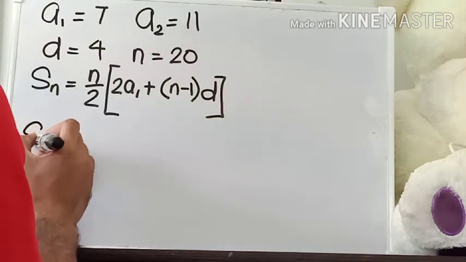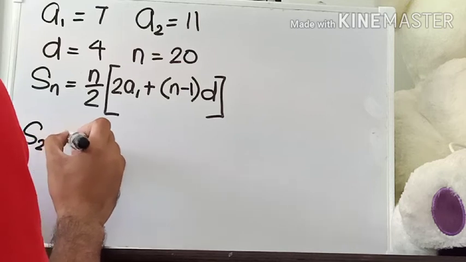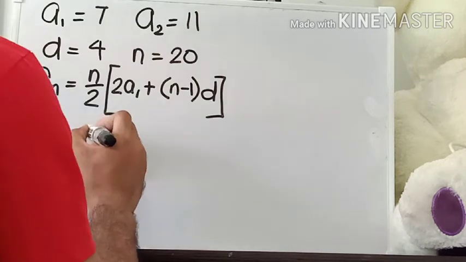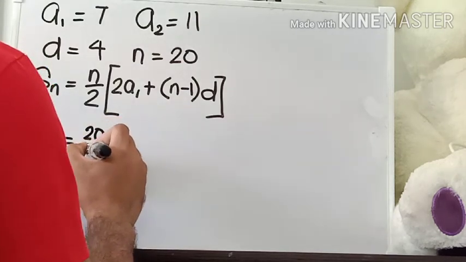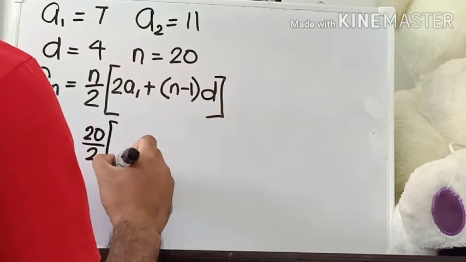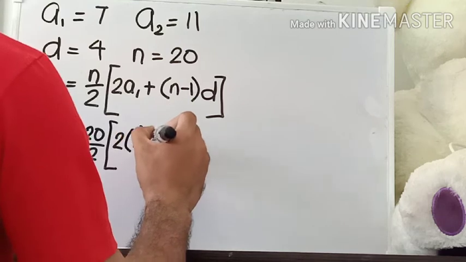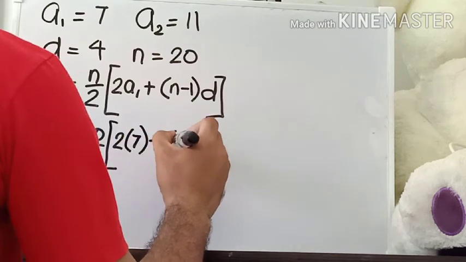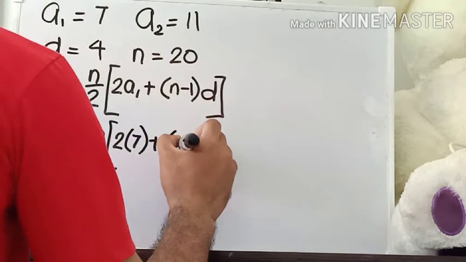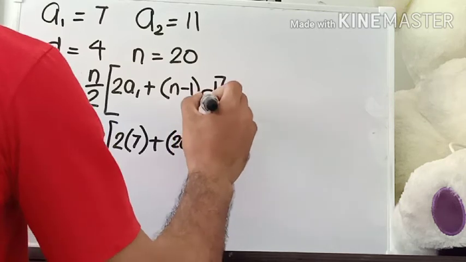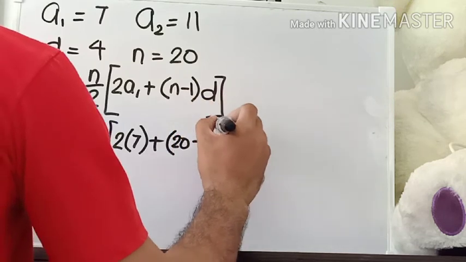So let's plug in the values and evaluate or simplify. We have the sum of the first 20 terms equal to 20 divided by 2 times the quantity of 2 times the first term, which is 7, plus the number of terms, which is 20, minus 1 times the common difference, which is 4.